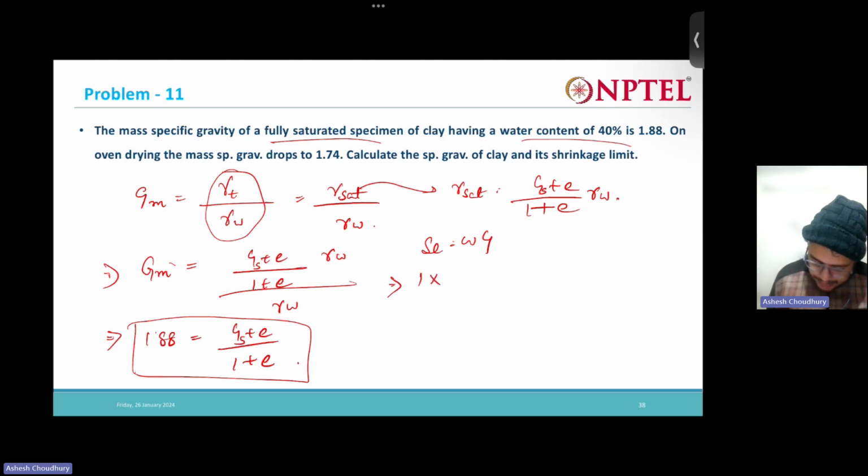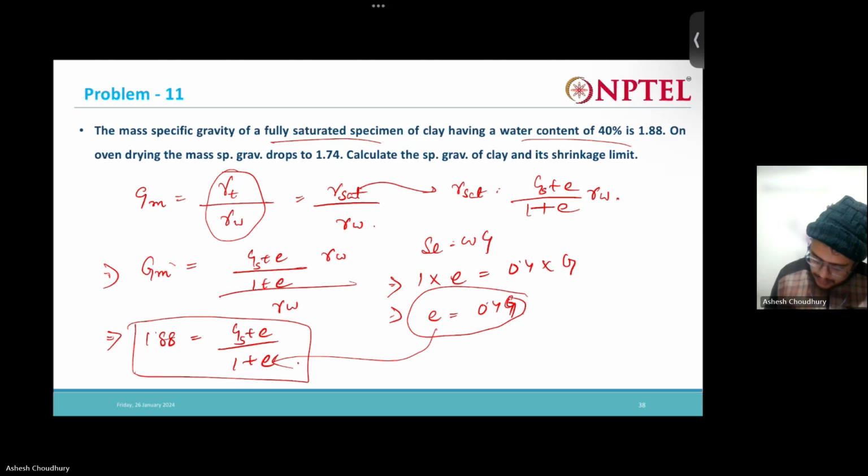So 1 into e is equal to 0.4 into G, so e is equal to 0.4 G. One more relation you got. If we put this here in place of e, you can get G as 2.9.